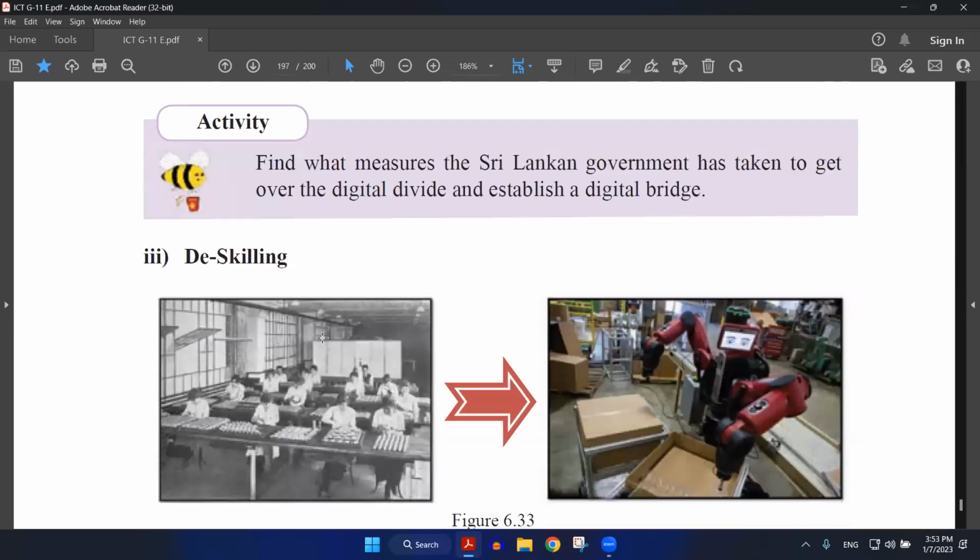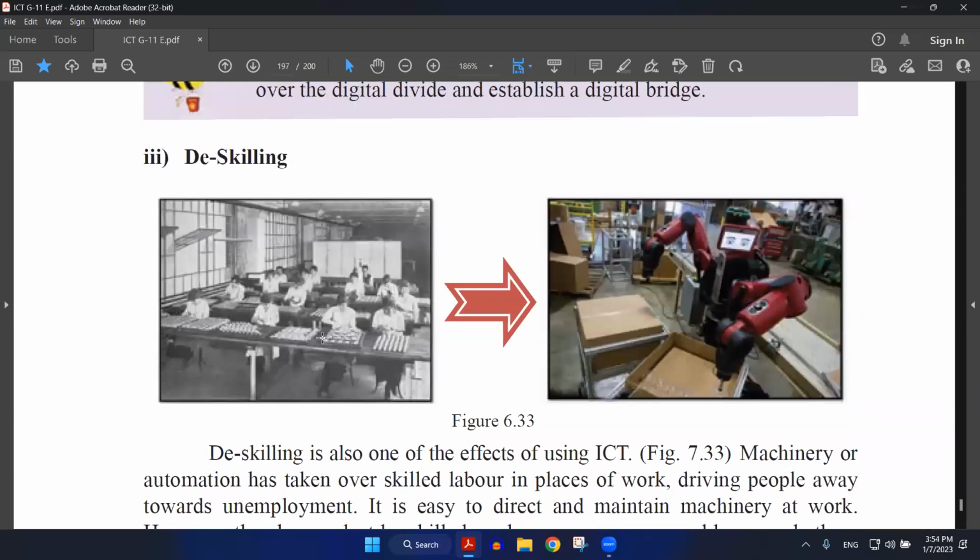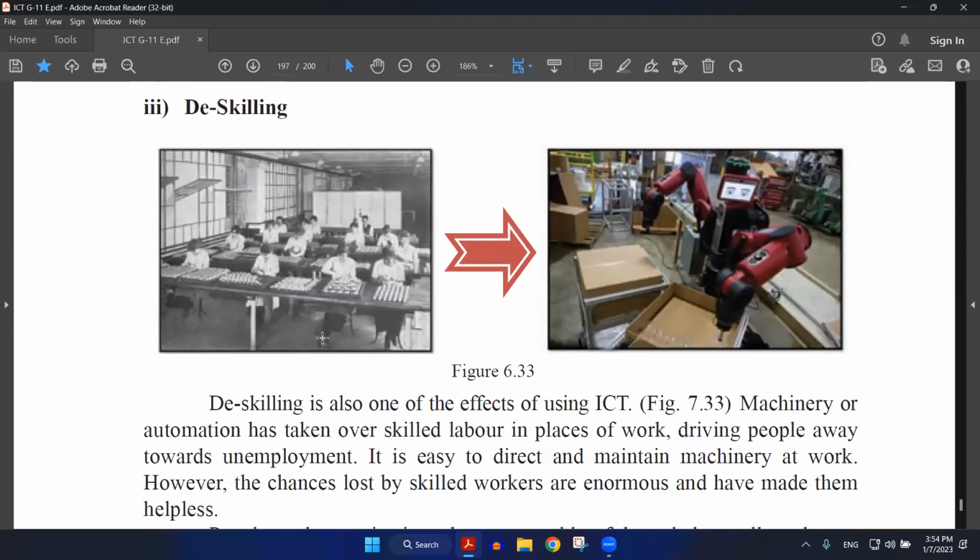And another problem is de-skilling, right? De-skilling means that when robots are involved in the manufacturing and packaging industries, the people who were doing those jobs are losing them to robotics.